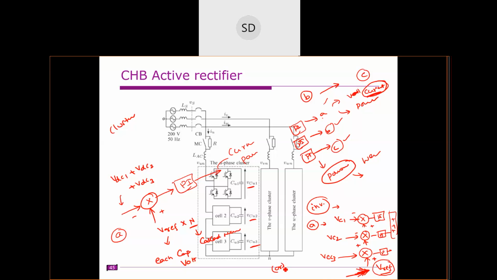Usually this V reference, or, in this example, we have 9 capacitors, or the average of these 9 capacitors. So the reference may be equal to this V reference, or it may be equal to the average of these 9 capacitors. For this individual control, we have one controller for A phase, a similar controller for B phase, and a similar controller for C phase. It's clear?